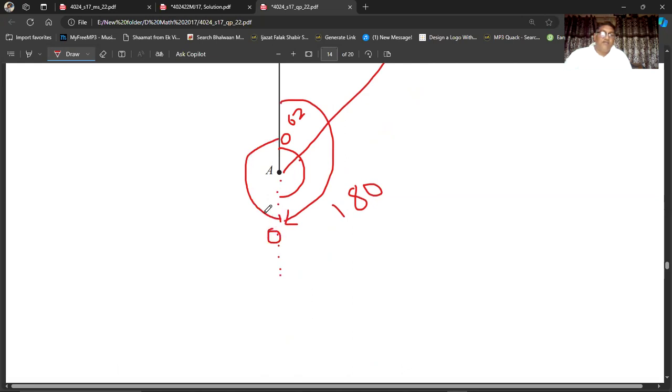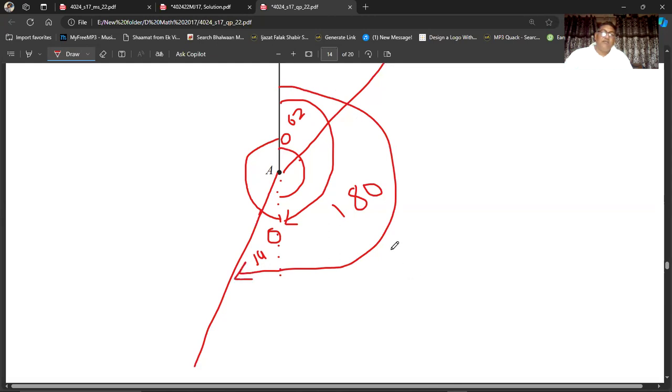So from here, I will calculate 14 further. Then I will draw. So this is actually the angle 14. And now this total bearing will be 180 plus 14.